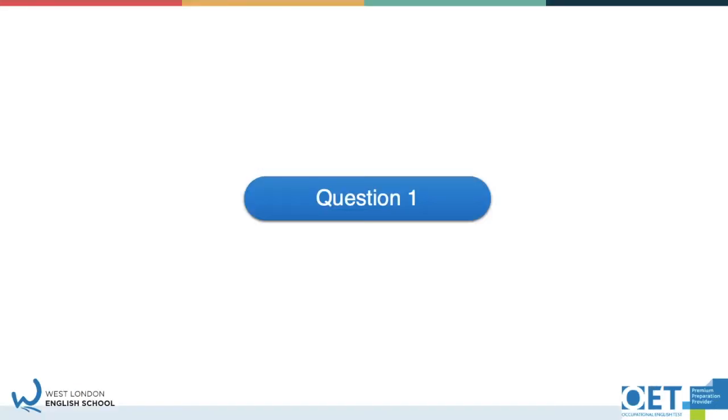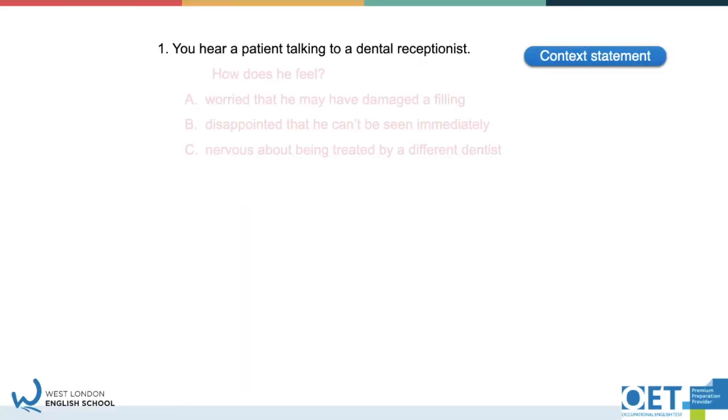So question 1. Now here we can see the context statement. In listening part B, there is a context statement for each question. You hear a patient talking to a dental receptionist. Now, what does this tell us?